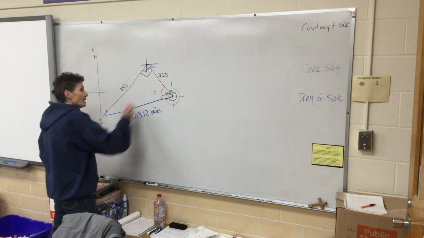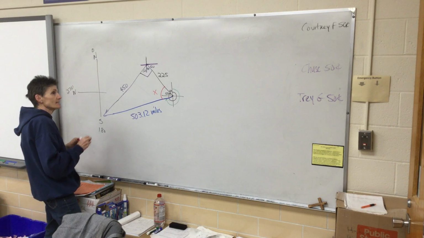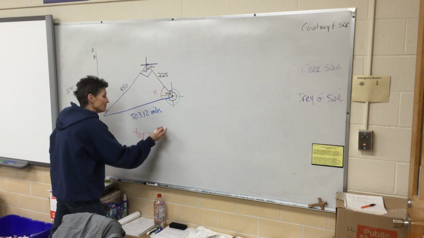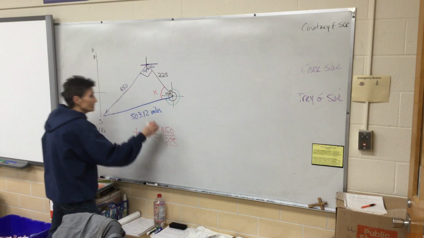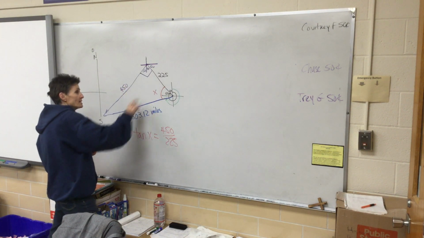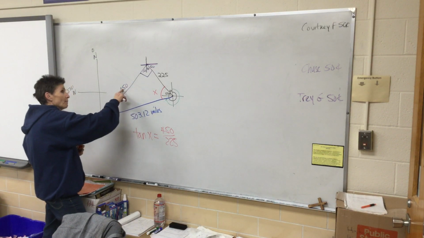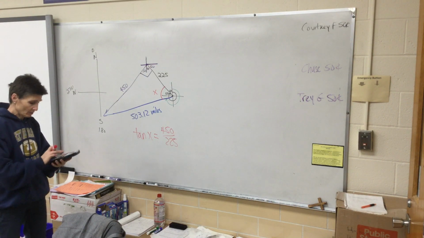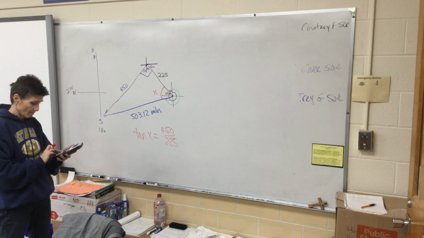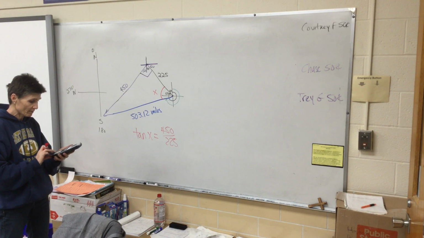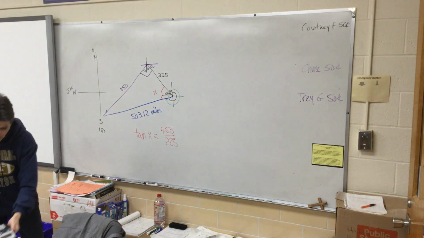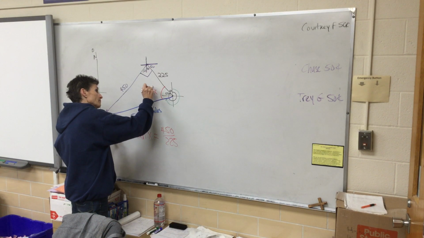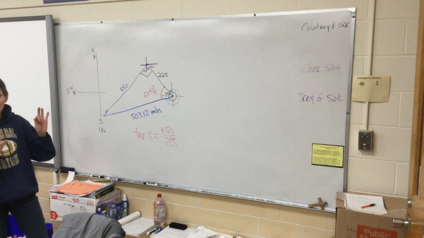Let me call this X. Can I say tan X equals 450 over 225? Opposite over adjacent. This is the hypotenuse. So that big red angle, second tangent, 450 divided by 225, 63.43. Now that's not my answer, that's the big red one.